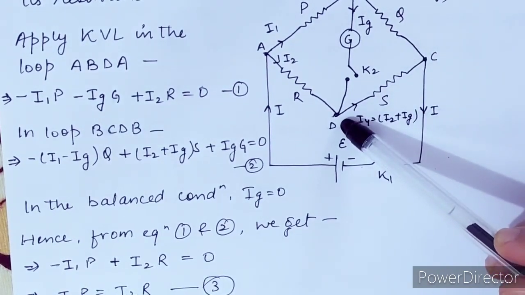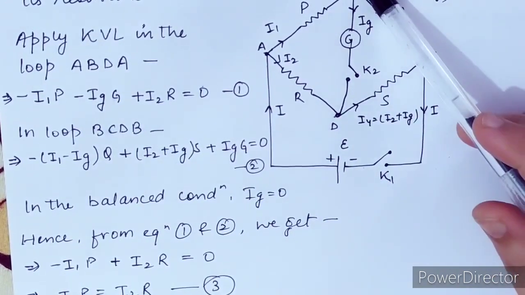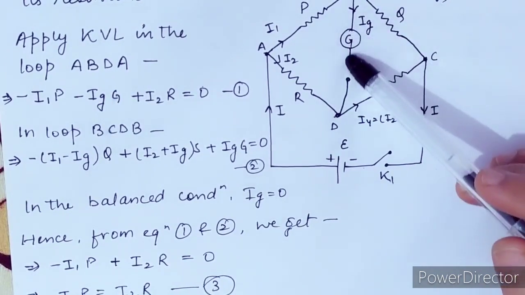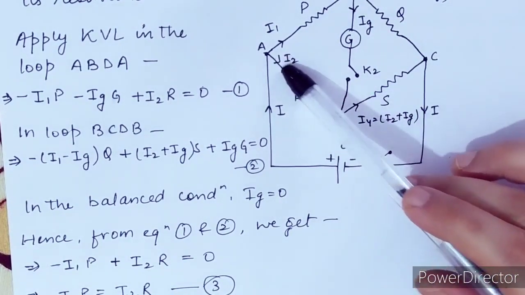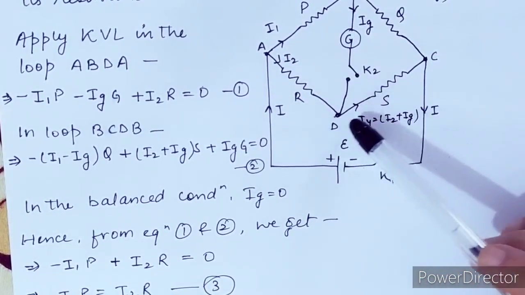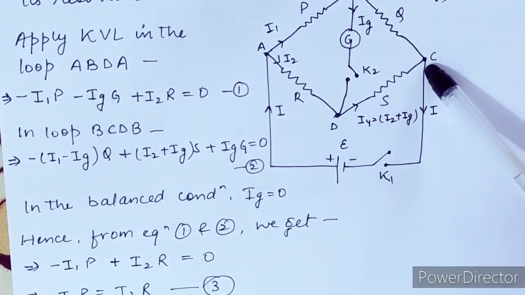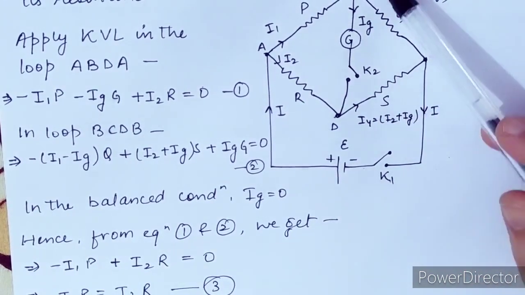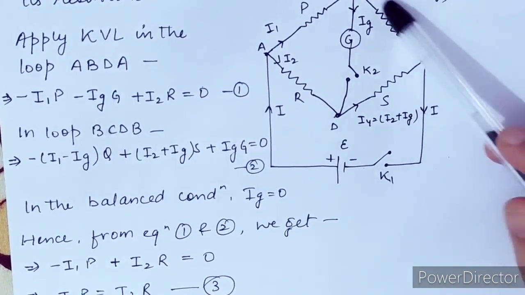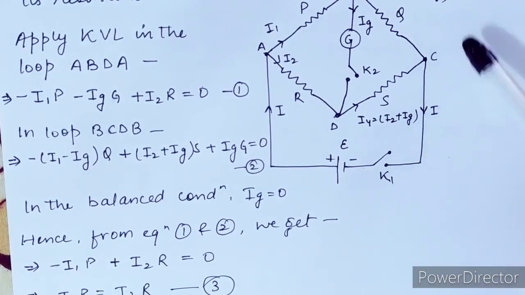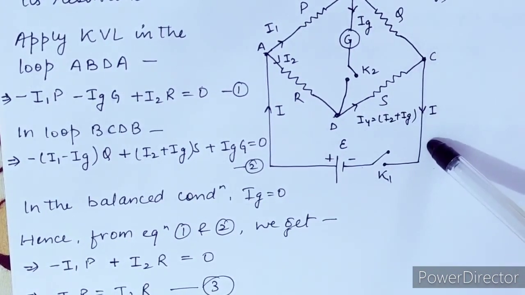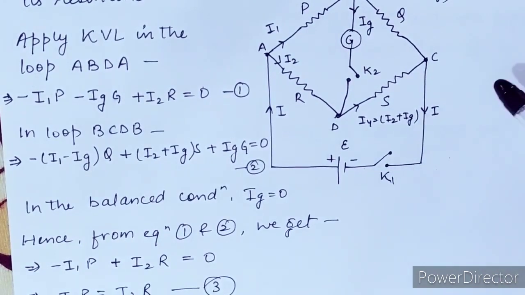VD has less potential compared to VB. So as the current Ig comes through this arm, I2 is added and goes through the arm DC. Both currents come together at point C and add up, and the remaining current I comes through the circuit again.